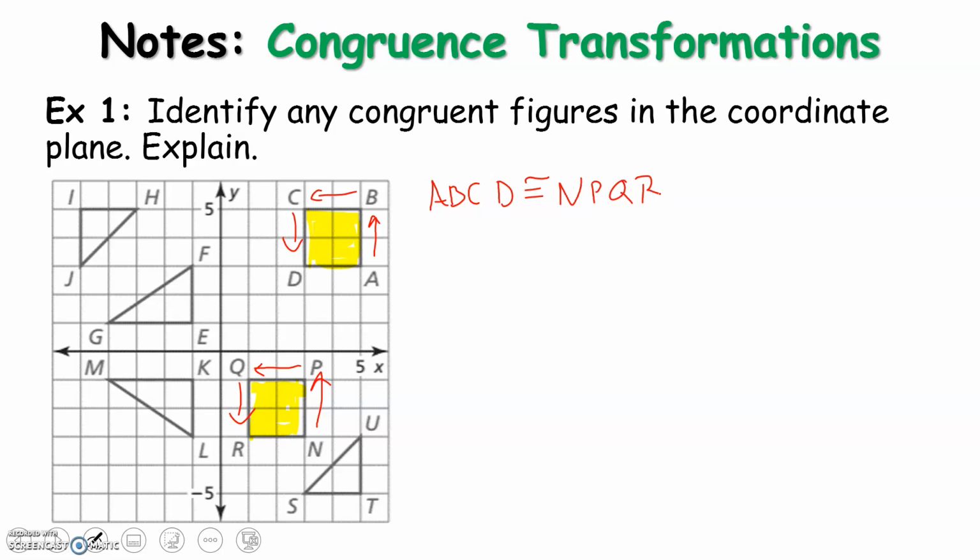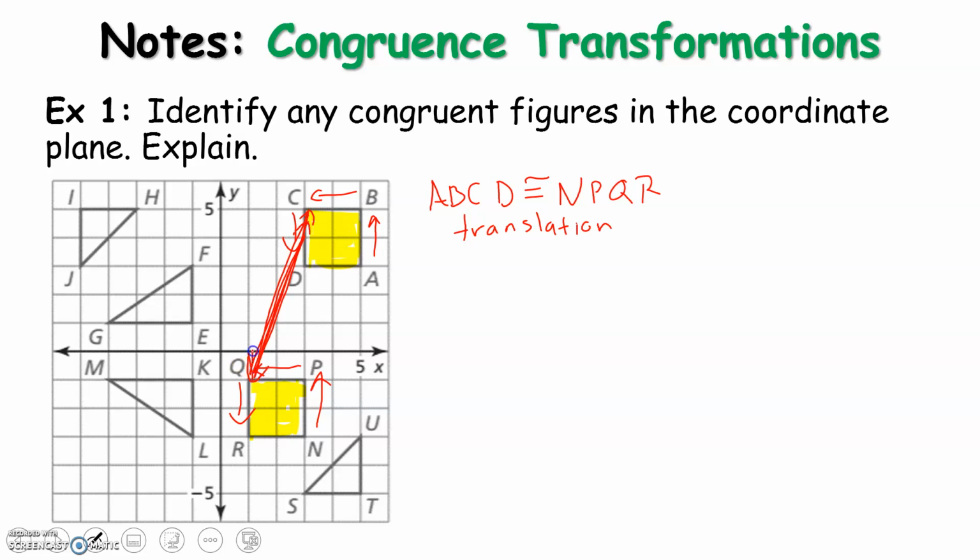And then we are going to describe a rigid motion that takes us from one to the other. So we're going to look from Q to C. We see that's most definitely a translation. So we're going to say that there is a translation. It doesn't really matter which one we go to, if we go from NPQR to ABCD or vice versa.